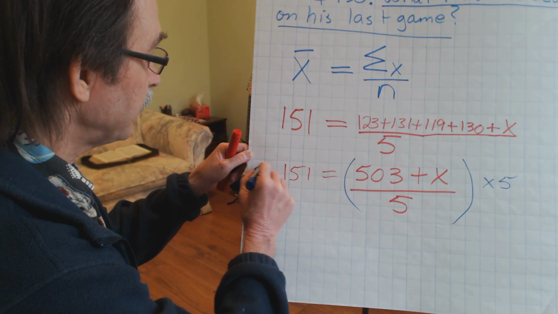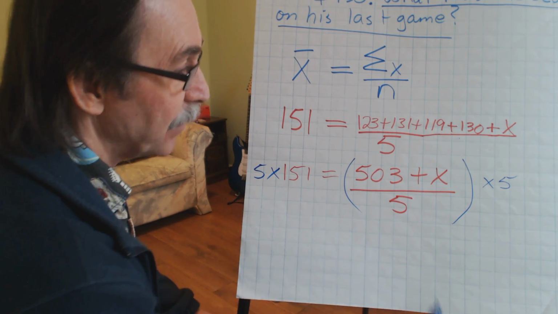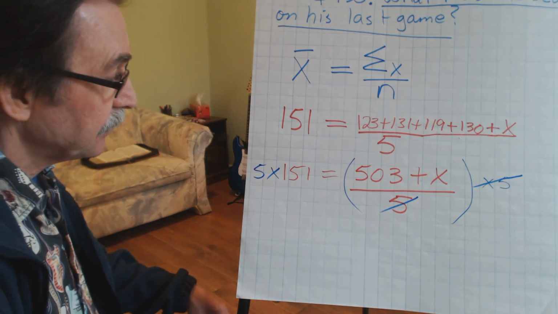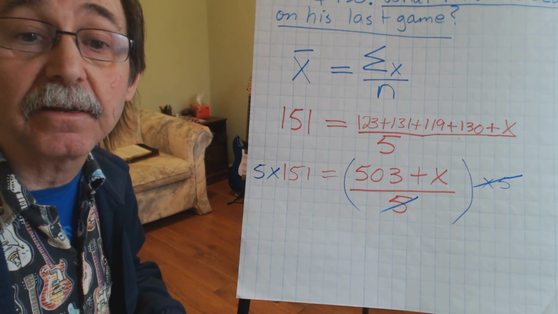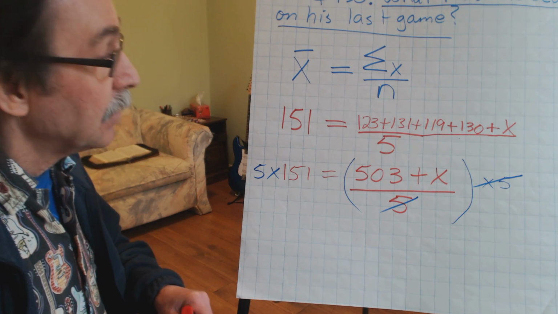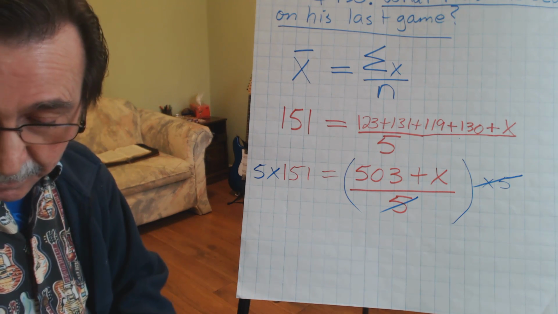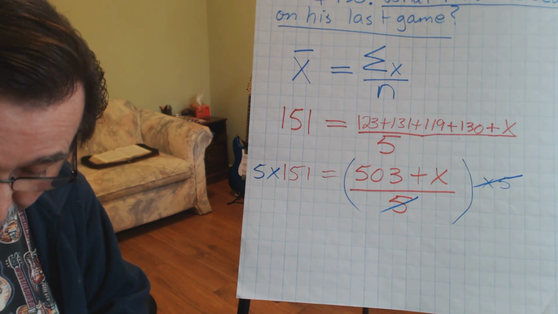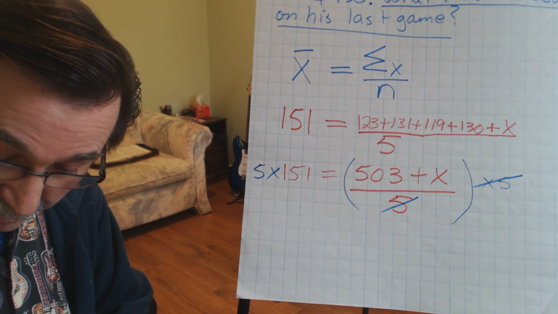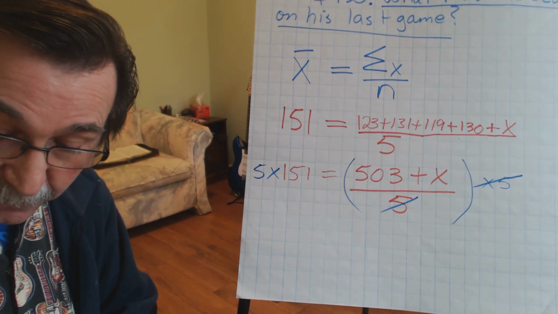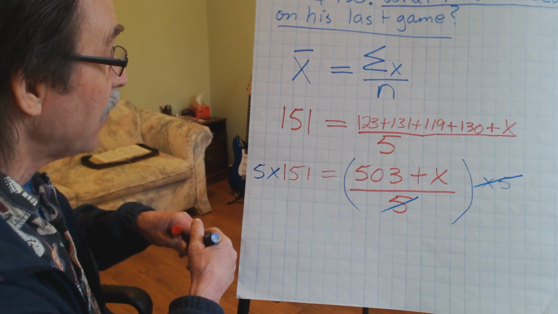When I do that, guess what? The 5 falls away and it reappears on the other side. So let's continue here. 5 times 151 is equal to 755.